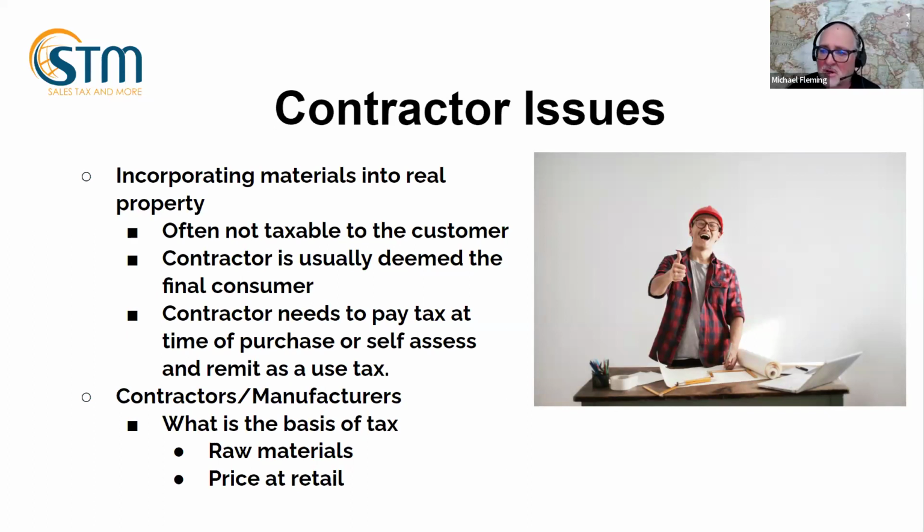So lots and lots of questions. What's the basis of the tax? Are there different rules if I'm manufacturing the items I'm actually installing? Sometimes manufacturers lose their ability to be treated as manufacturers when they're also acting as contractors. The State of Texas is a perfect example there.